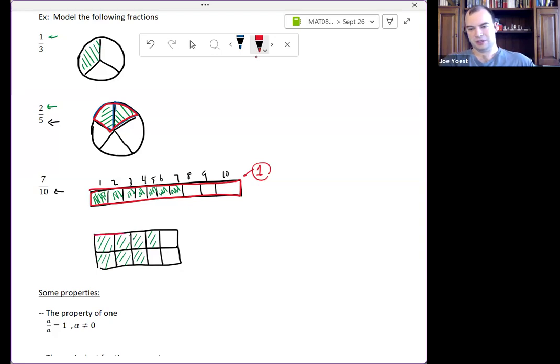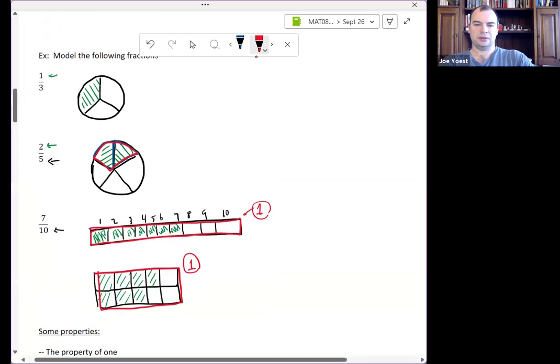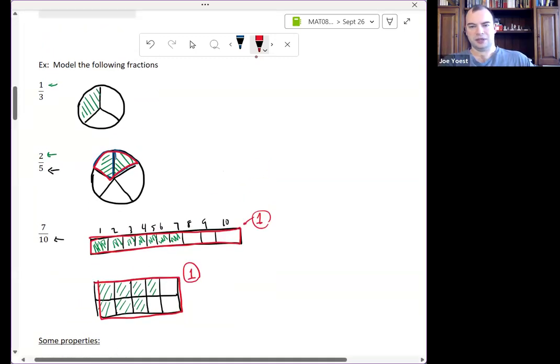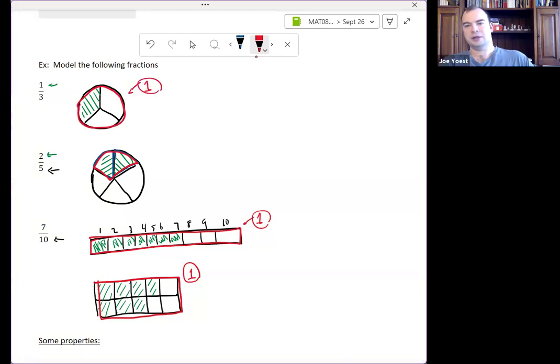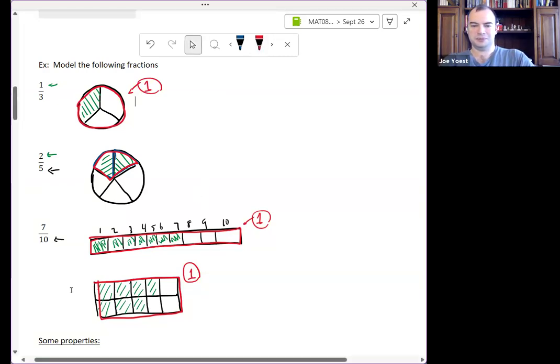Or I'm thinking of this entire rectangle as 1 unit. Or I'm thinking of this entire circle as representing 1 unit. When I divide that circle up, then I can select parts of a whole, parts of that 1 unit.